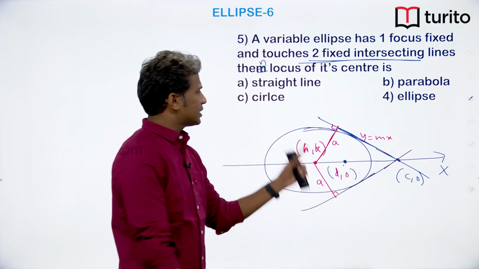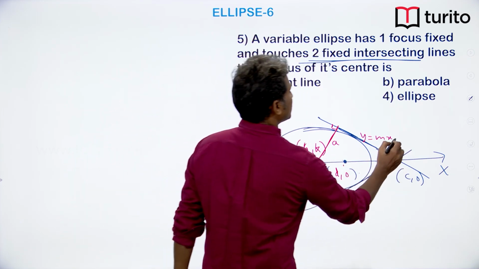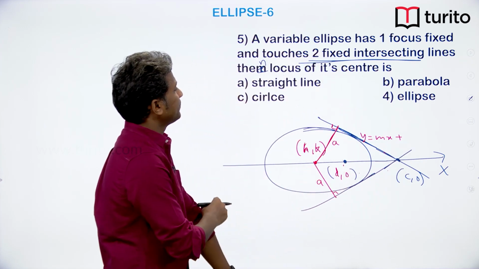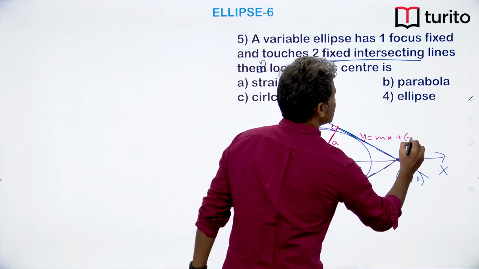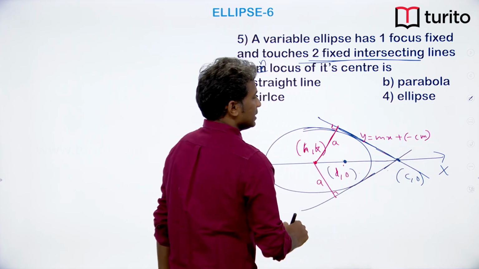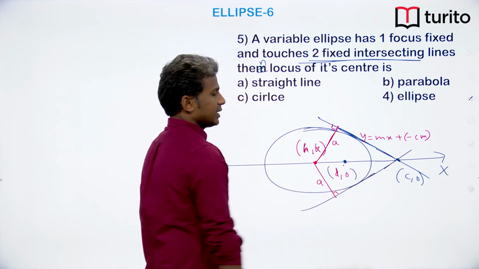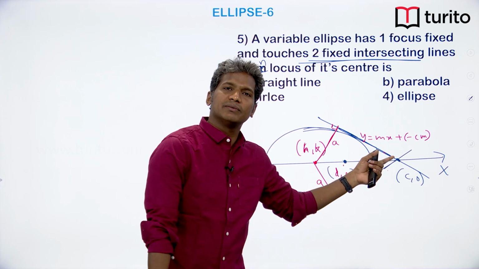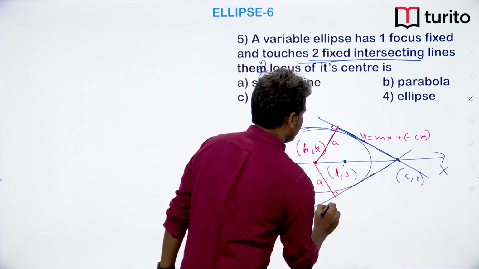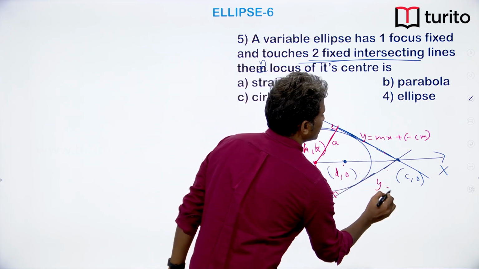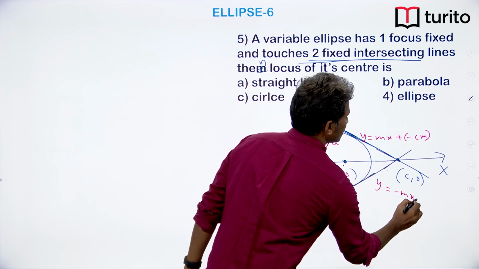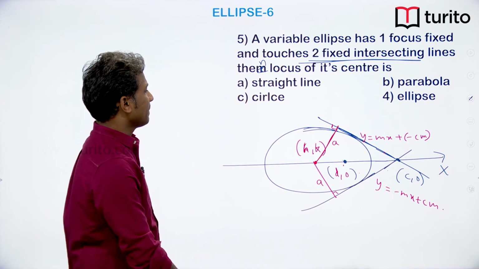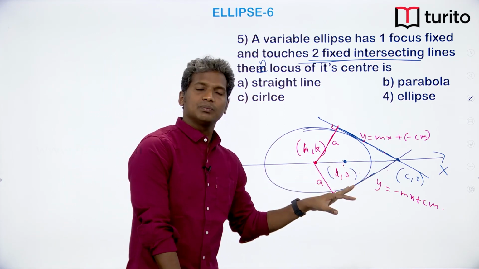If I put (c, 0), it must satisfy, so it becomes y equal to m x minus c m. Then this other line can be taken with slope minus m, or you can fix one slope as m1 and second slope as m2. So we can take this line as y equal to minus m x plus c m. So I have taken two lines which are symmetric lines. Now let me see if it is possible here.